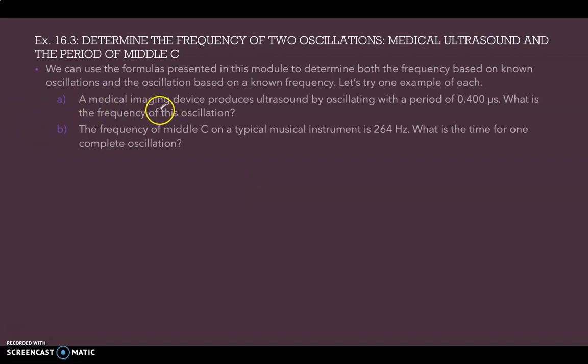A medical imaging device produces ultrasound by oscillating with a period of 0.4 microseconds. What is the frequency of this oscillation? We know the period is equal to 0.4 microseconds.